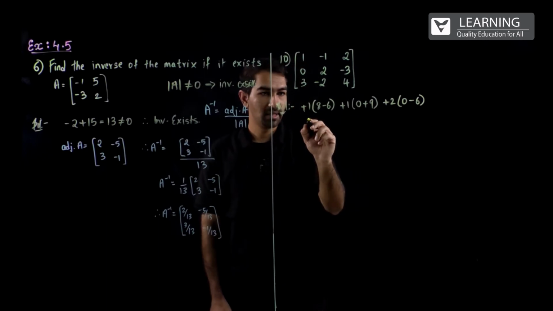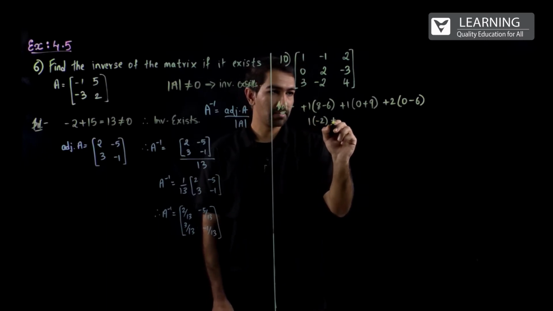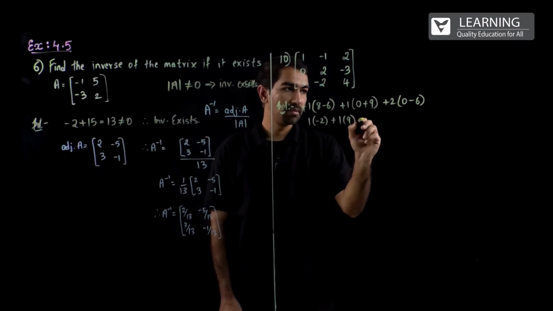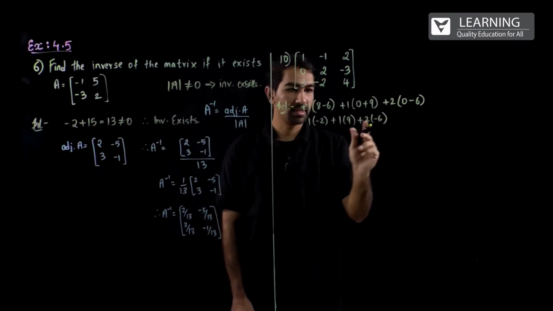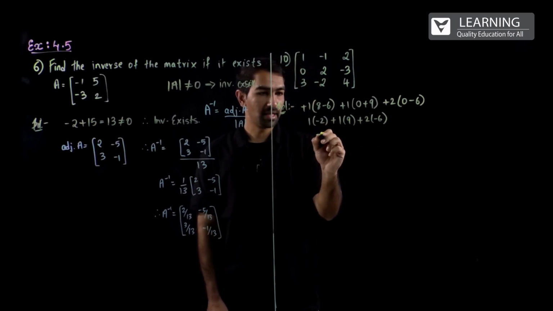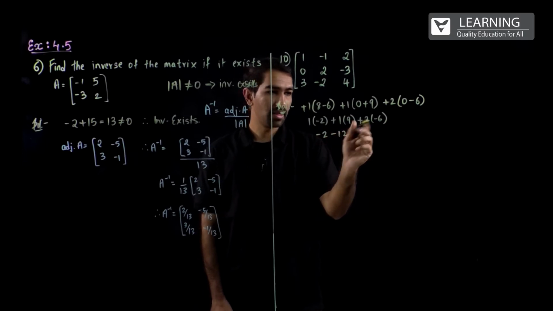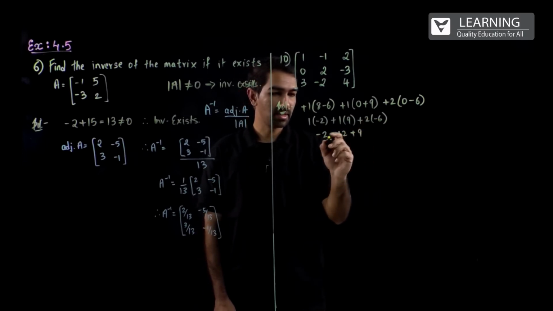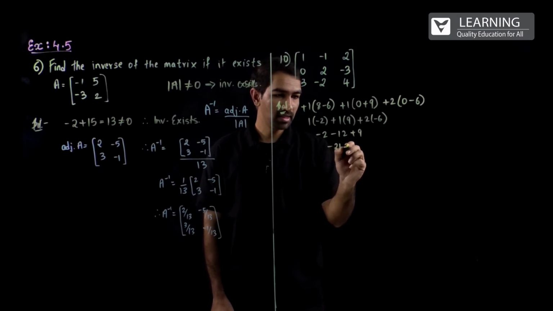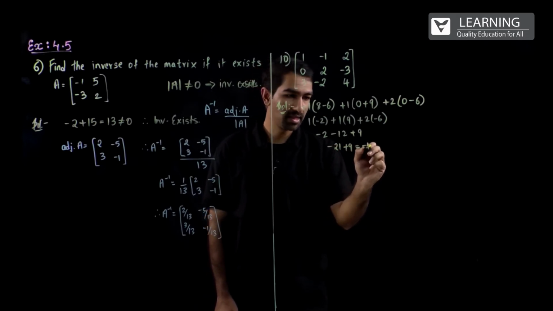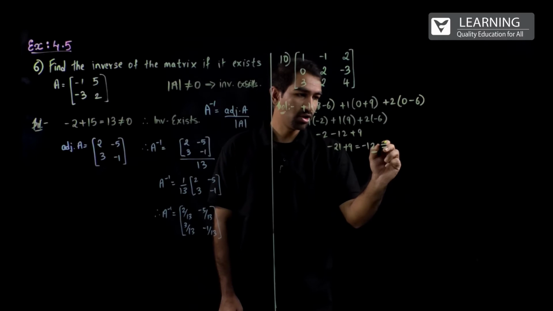So solve this. 1 of minus 2 plus 1 of 9 plus 2 of minus 6. So this will give us minus 2 minus 12 plus 9. So this is becoming minus 21 plus 9, which is equal to minus 12, which is not equal to 0.